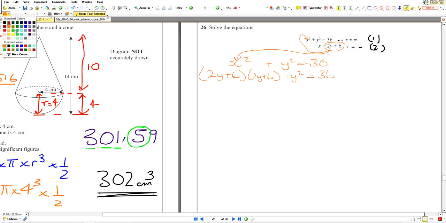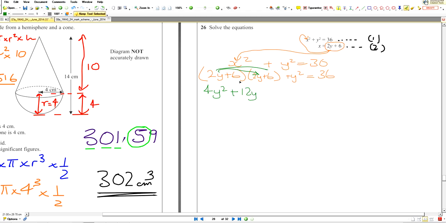So let's go for this. I think that comes a bit too light. Let's do the slightly darker one. So we have to start over here. 2y times 2y will give us 4y squared. 2y times plus 6 will give us plus 12y.